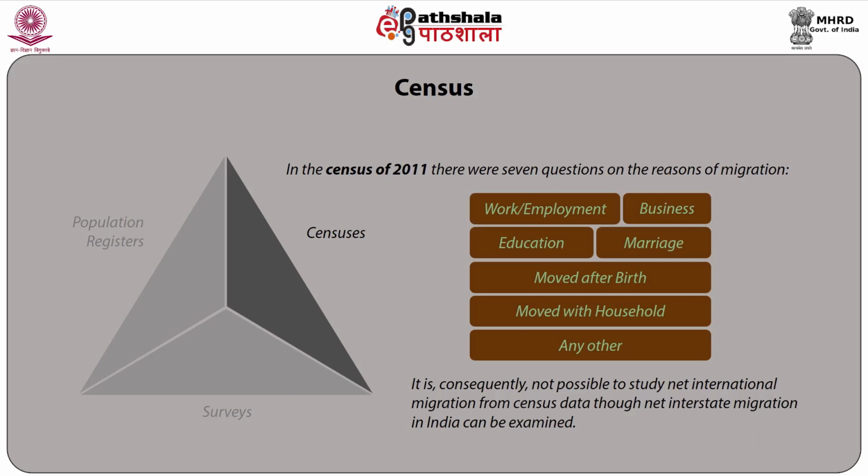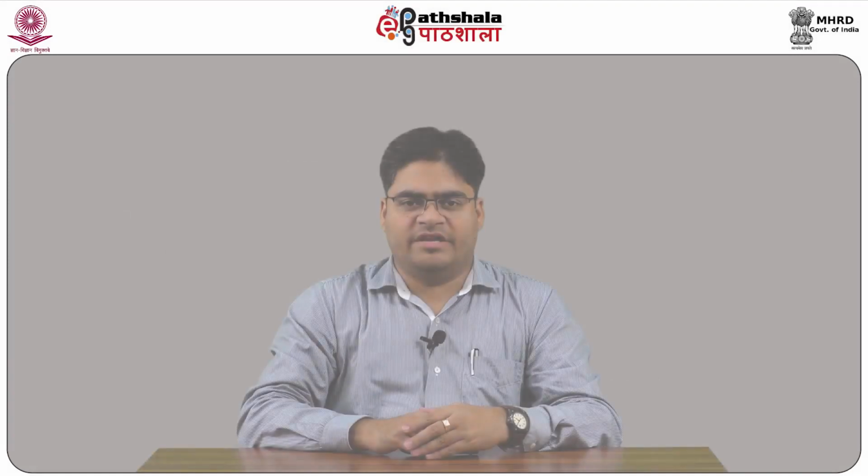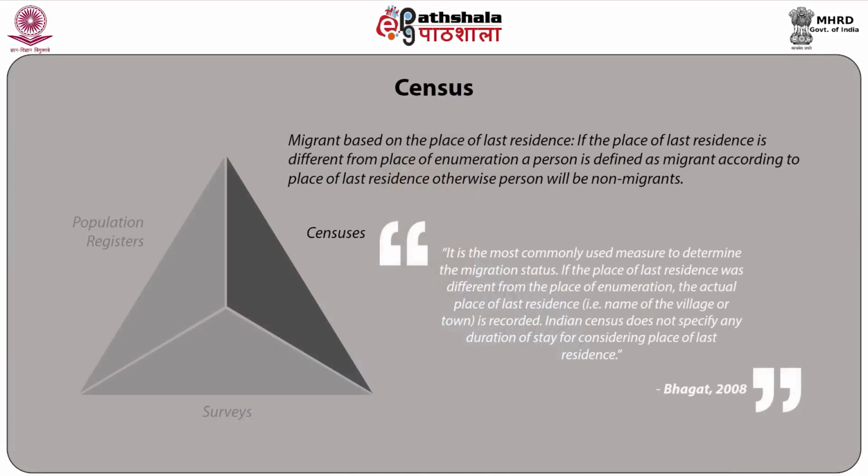information on the immigration of Indians. It is consequently not possible to study net international migration from census data. Though net interstate migration in India can be examined easily. Migrants based on the place of birth.